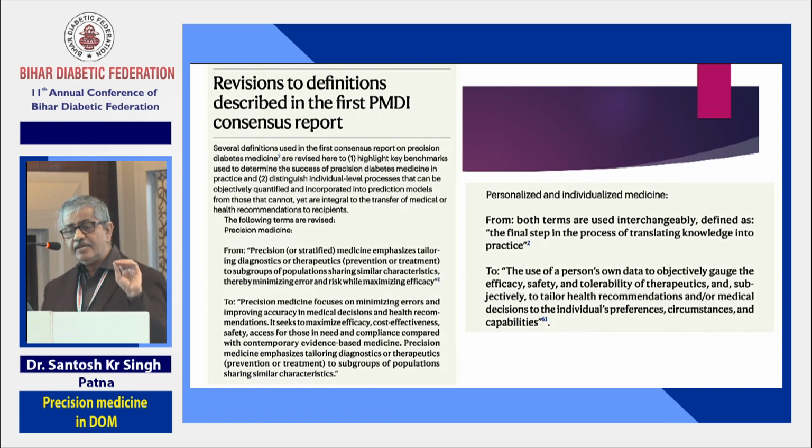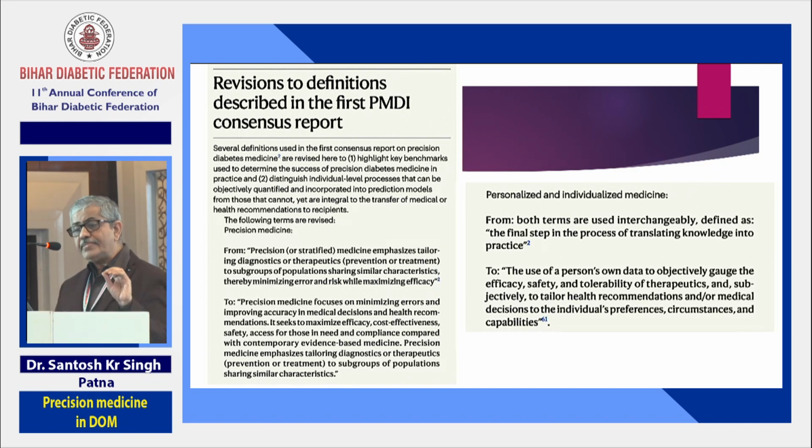Precision medicine emphasizes tailoring diagnostics or therapeutics to subgroups of populations sharing similar characteristics. So you can have the same type of patients, but we need to be very precise in managing those individuals. This is a bit different from personalized medicine. As you can see on the right hand side, although both terms are interchangeably defined, personal medicine is the final step in the process of translating knowledge into practice.